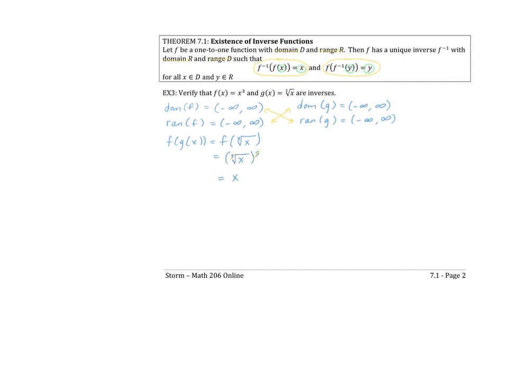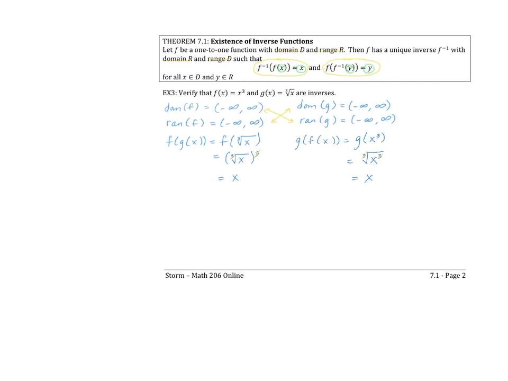Now we have to compose in the other direction, g of f of x. That's g of, and f of x is x cubed. So we're putting x cubed into our function g. g is the cube root function. And again, exponent and root match, they cancel.